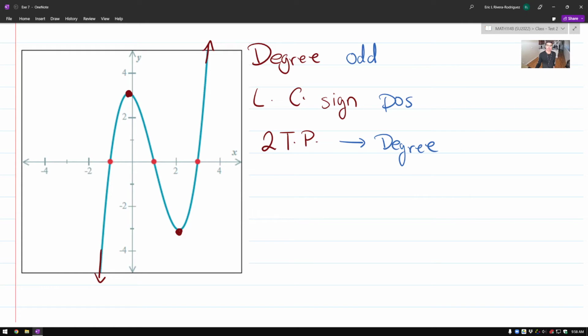Say one more time, Timothy. Okay, that's one possibility, yes, but before we decide what is going to be the actual degree, I want a description of the relationship between two turning points and the degree of this polynomial.